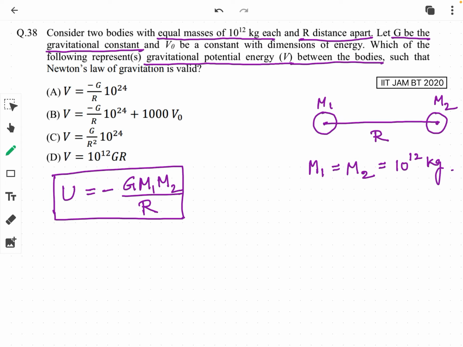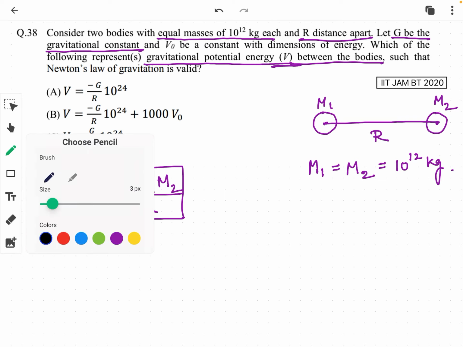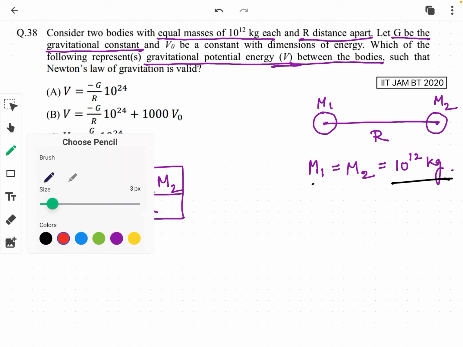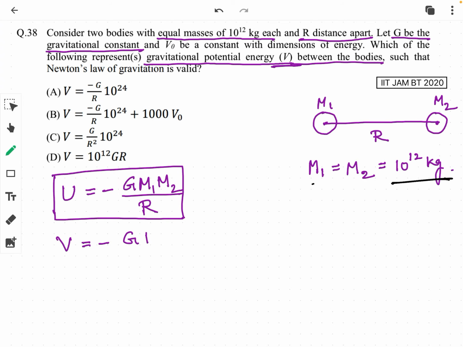Now here gravitational potential energy is given by V, so we write V equal to minus G, with M1 and M2 given as 10 to the power 12 kg, so 10 to the power 12 into 10 to the power 12 divided by r.